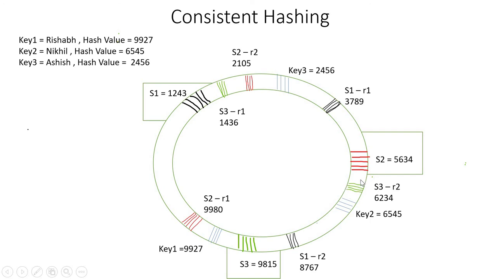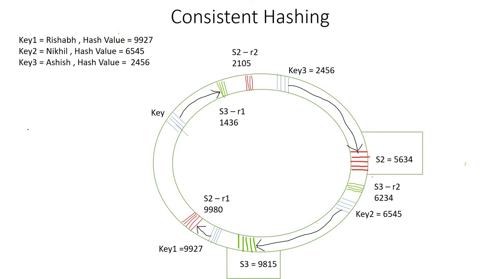Now how does this help? Let's assume that again server 1 goes down. When server 1 goes down, all its replicas will also go down. Now what will happen is we will again remap all the keys to the nearest server. So if there was server 1 present at this location and it went down, then we will remap this particular key to server 3 because server 3's replica is present here.